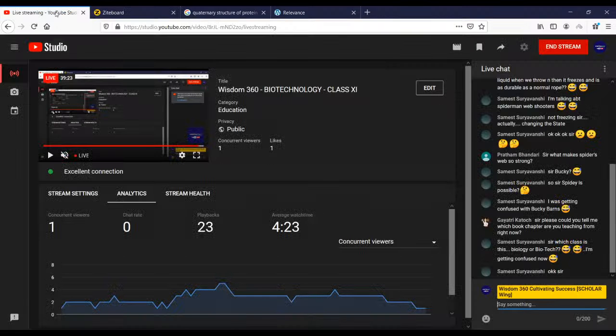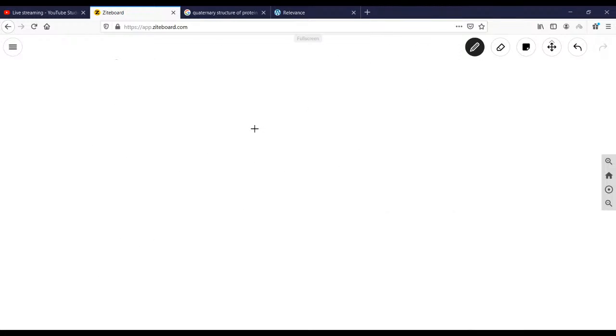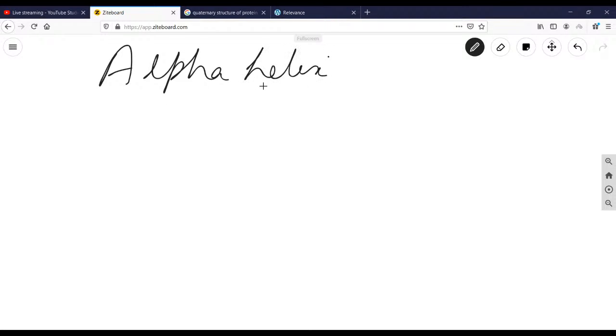Okay. So next we will be going on to the alpha helix, which is there in your course. Especially the biotech ones, the alpha helix. So when we look at an alpha helix, I'll just show you, it looks like this.